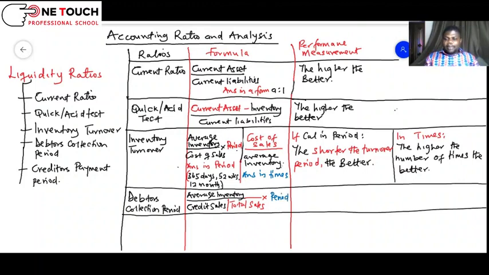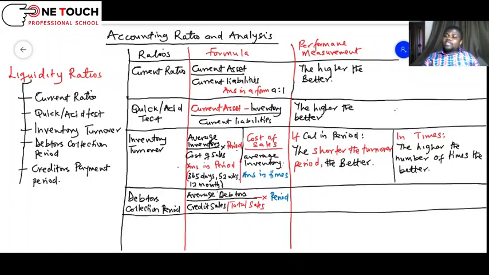And the period we are talking about here can be days, months, weeks. So the answer will be in period. Did I write average inventory? It should be average debtors. We are looking at how long it takes the entity to collect its debt.